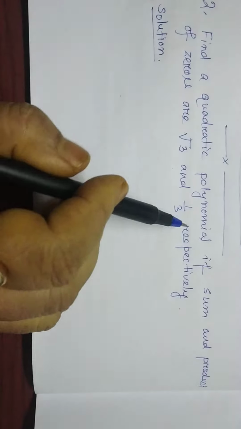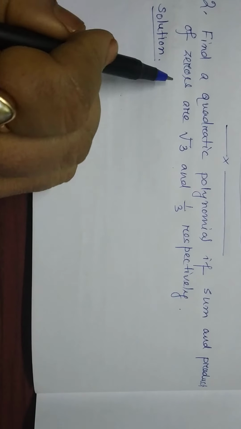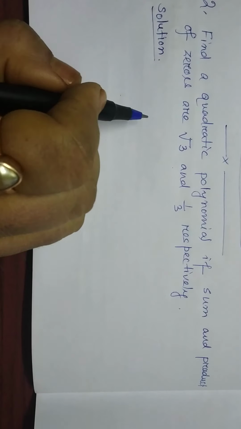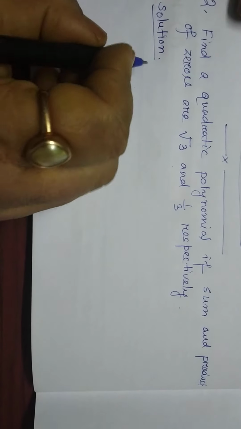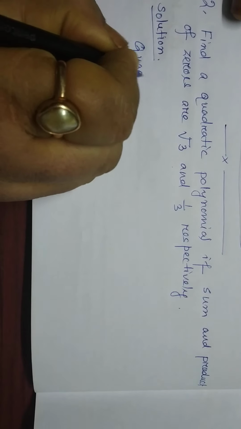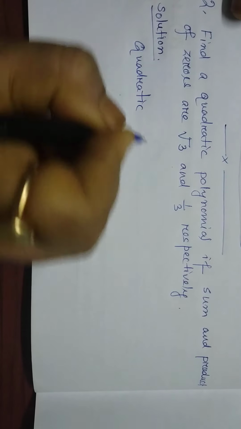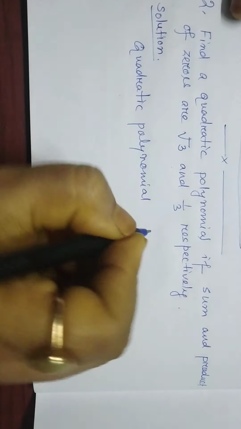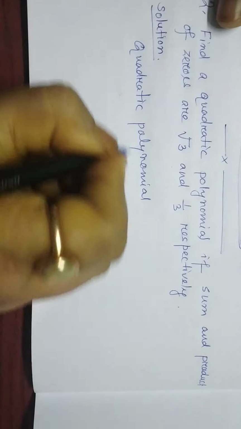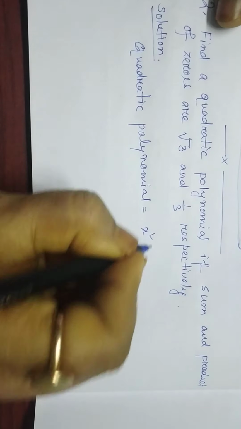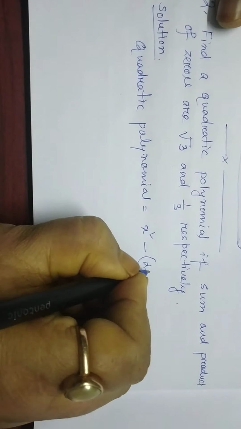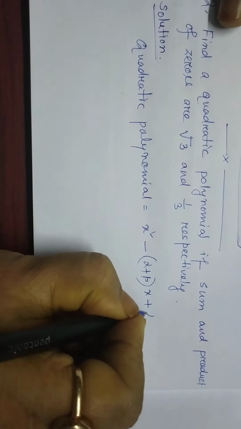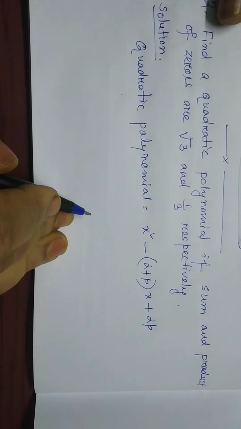Find a quadratic polynomial if sum and product of zeros are √3 and 1 by 3 respectively. We know that the quadratic polynomial is equal to what? x squared minus sum of zeros, alpha plus beta, into x plus product of zeros, alpha into beta.